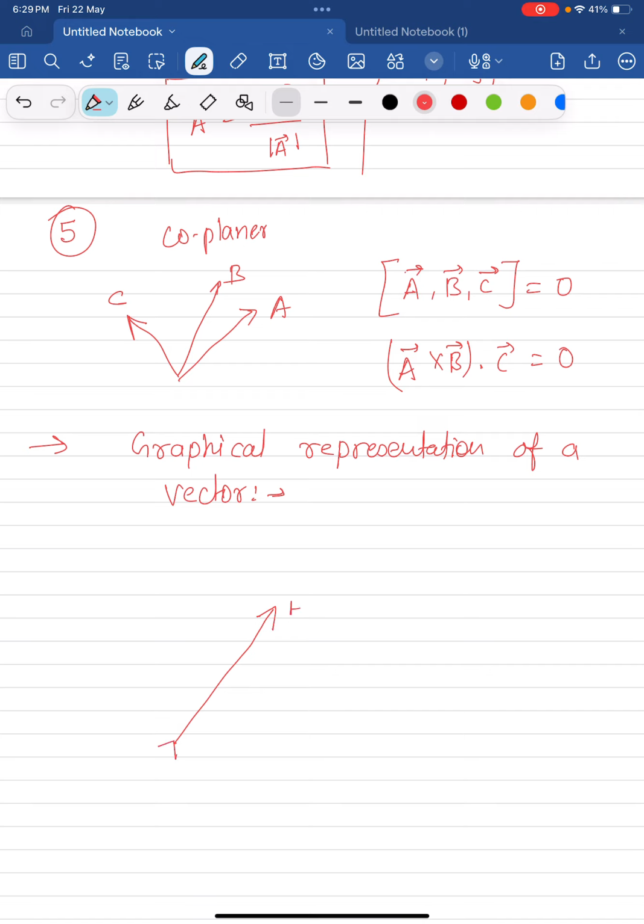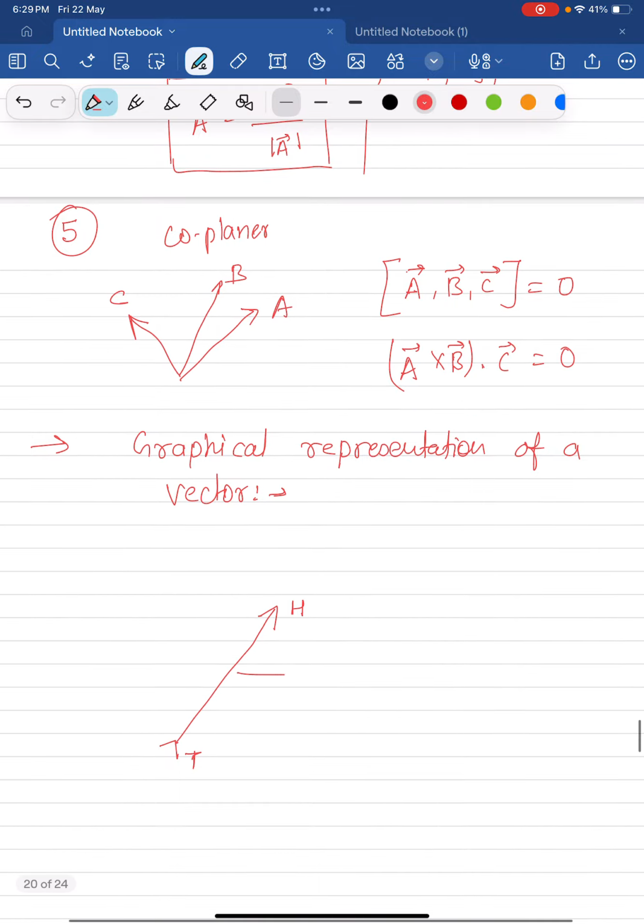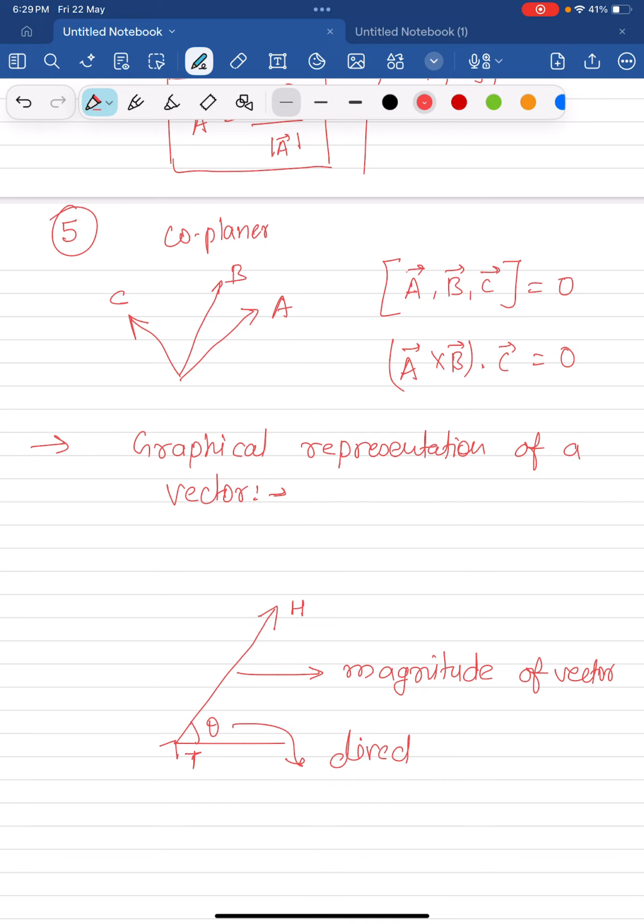This point is the head of the arrow, this point is the tail of the arrow, and the length of this arrow represents the magnitude of the vector and the direction of this arrow represents the direction of the vector.